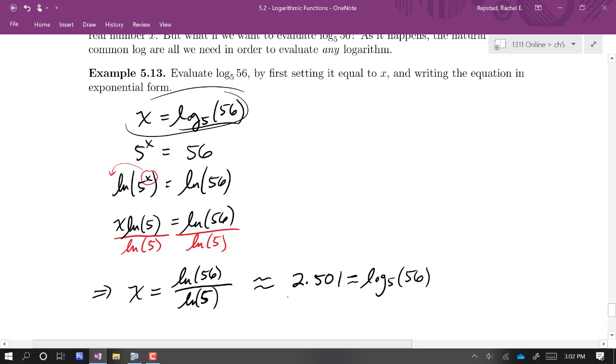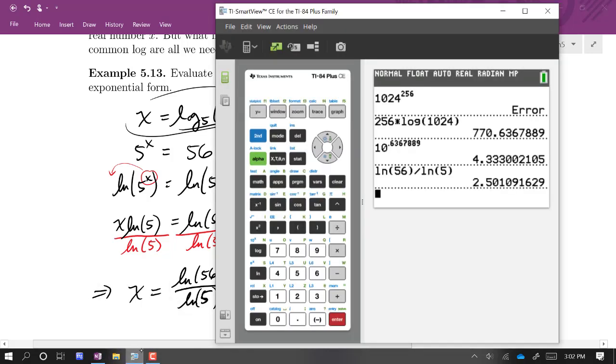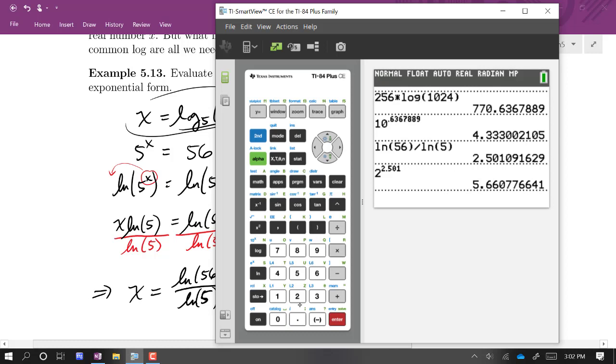And I can check, right? If this is accurate, that means that if I take 5 and raise it to the 2.501, it should give me something very close to 56. Whoops, hold on.